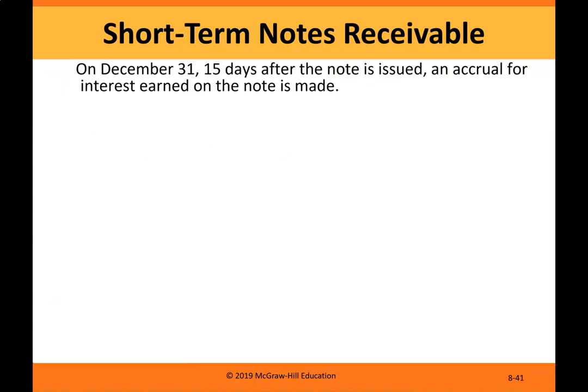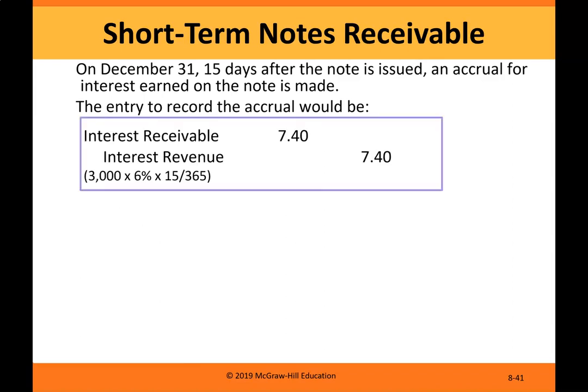On December 31st, 15 days after the note is issued, an accrual for interest earned on the note is made: debit interest receivable $7.40, credit interest revenue $7.40. So that's $3,000 times 6%, which gives you the annual interest, multiplied by 15 over 365 days.